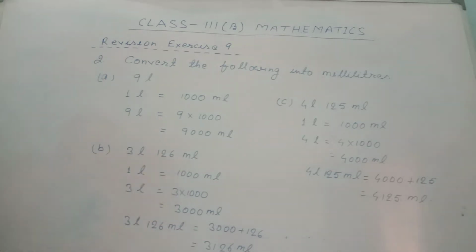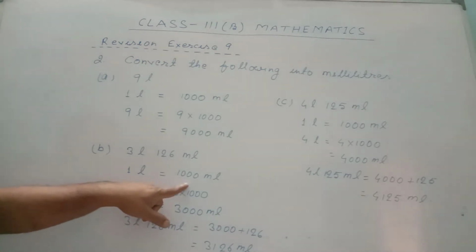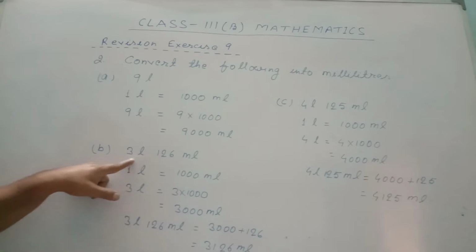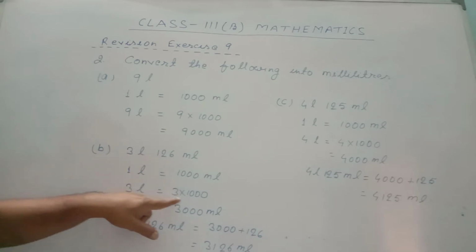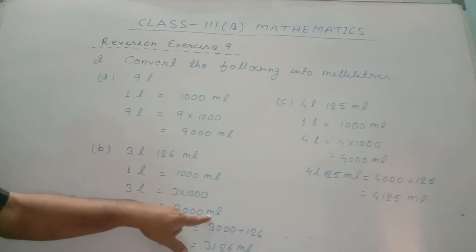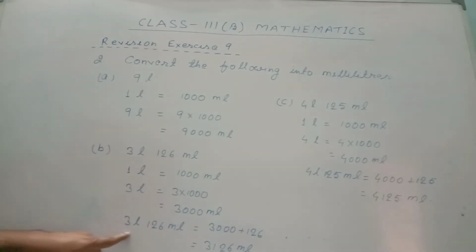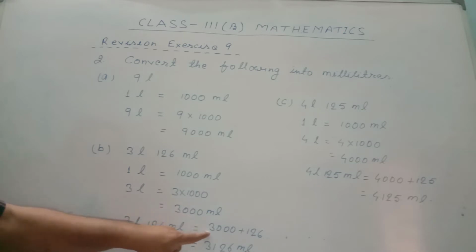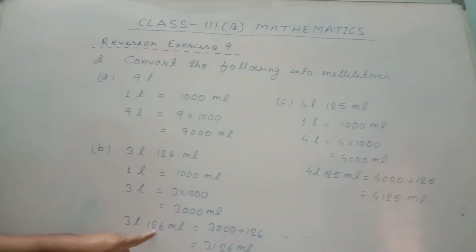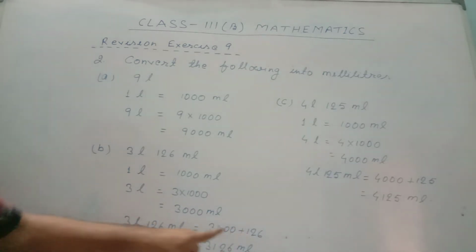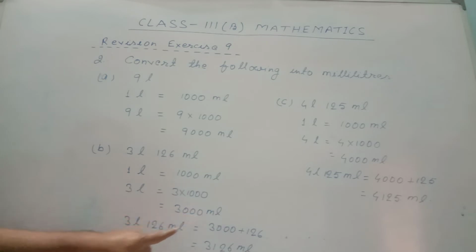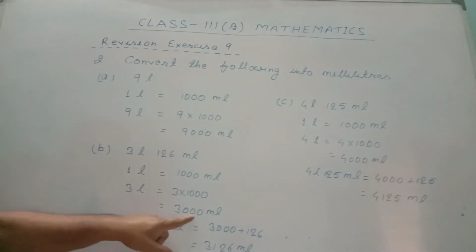126 milliliter. You are asked to change this into milliliter. You know 1 liter equal to 1000 milliliter. So this 3 liter equal to 3 into 1000, that is equal to 3000 milliliter. So 3 liter 126 milliliter equal to this 3000 plus this 126 will be added, because these two 3000 and 126 both are in milliliter.